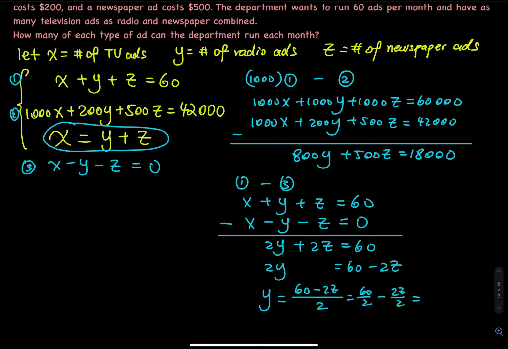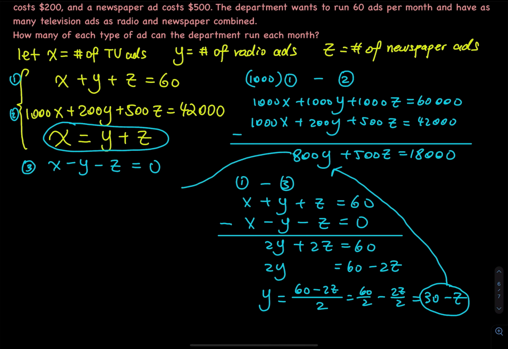I have 30 minus z. So that equals y. So how about I just plug in this y over here, and rewrite this equation as 800 times 30 minus z, plus 500z equals 18,000.